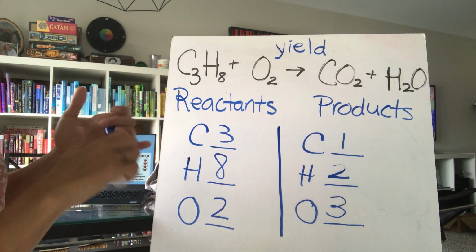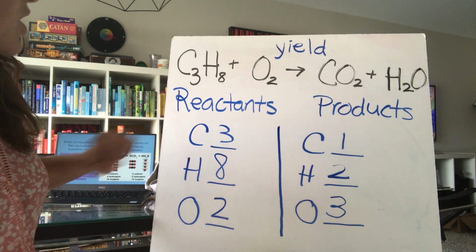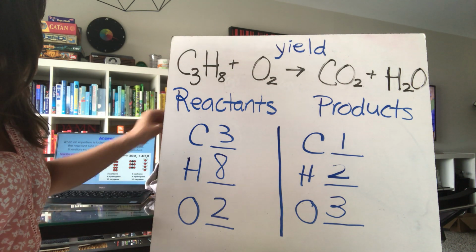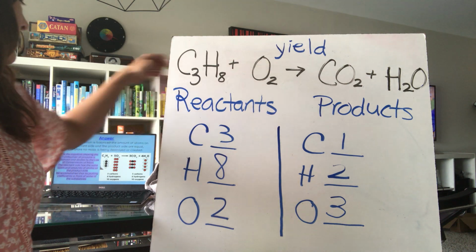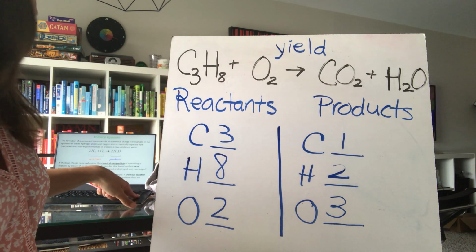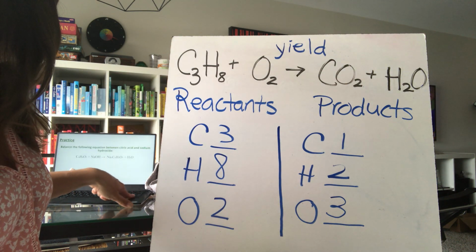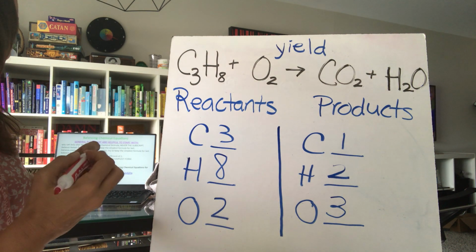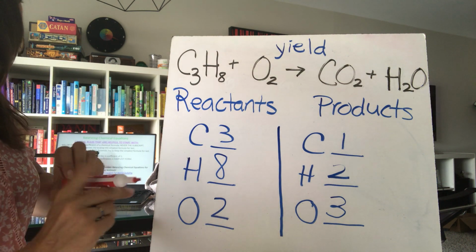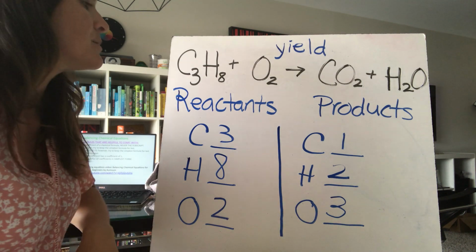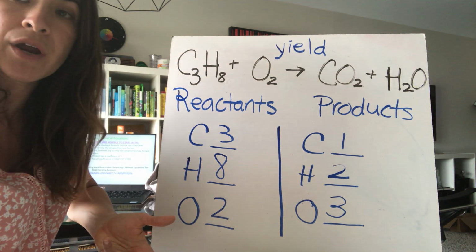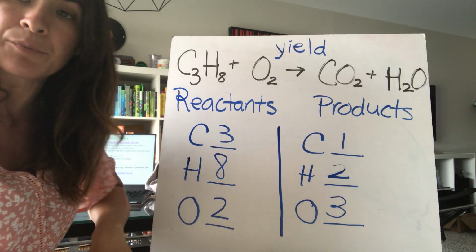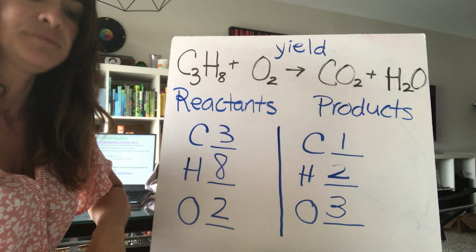So let's consider the carbons. The carbons show that there's 3 on the reactant side and only 1 on the product side. Is there any way for me to put a coefficient somewhere and get 3 carbons on the product side? Yes.